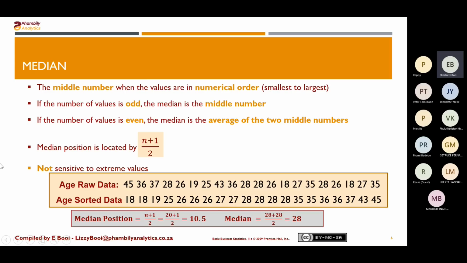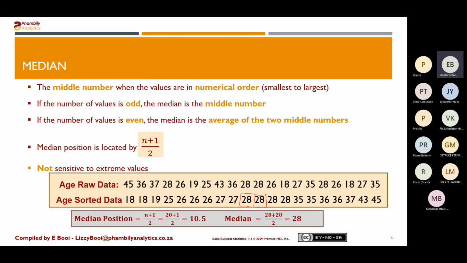Then we go to the data set and start counting: 1, 2, 3, 4, 5, 6, 7, 8, 9, 10. The 10.5 position lies between two values. We're going to take 28 plus 28, divided by 2. If there were two different numbers, we would take those two different numbers and divide by 2. It's just that in our data set, we have 28 plus 28.